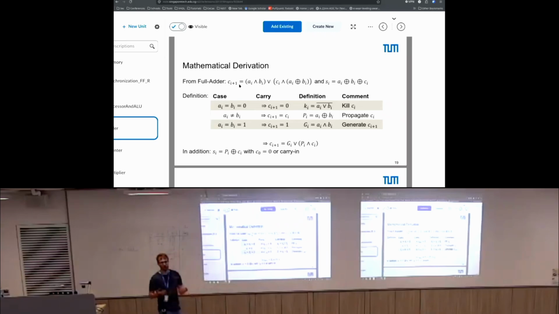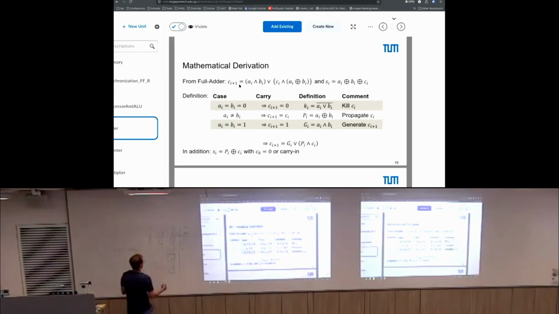And this is also what a carry look ahead adder really benefits from. So what is the basic idea behind that? Instead of thinking, do I need a carry or do I not need a carry, we think more like, do I propagate or do I generate a carry?